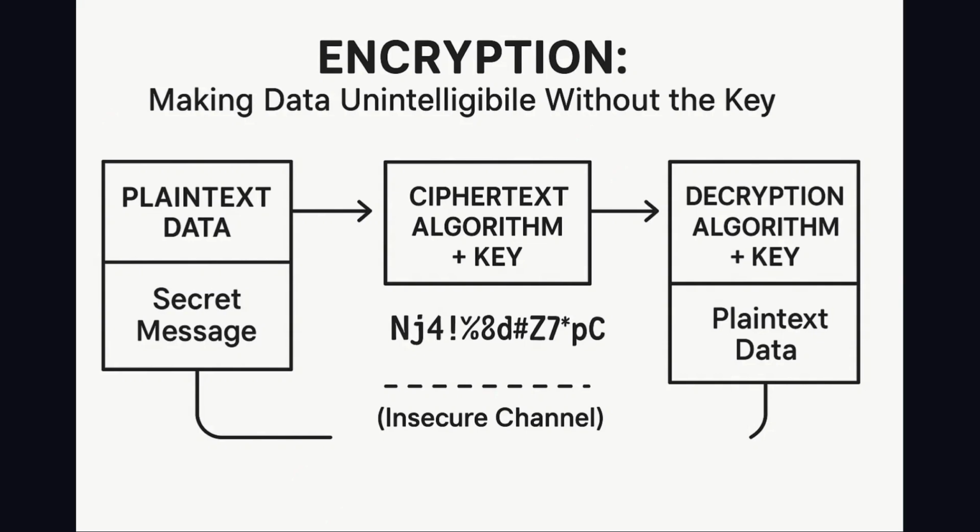It applies protection to data in 2 major states, while it is in transit over a network and while it resides on systems at rest. The core benefit is that encrypted data is unintelligible to anyone who doesn't possess the necessary decryption key. This process makes it safe to store or transmit sensitive data even over otherwise insecure channels. Encryption is the digital padlock that ensures our data remains confidential.